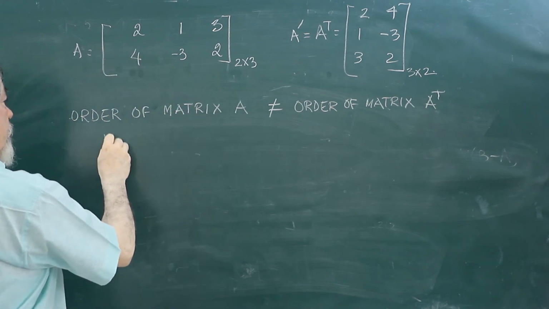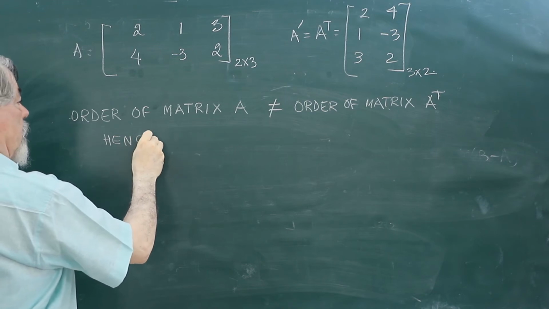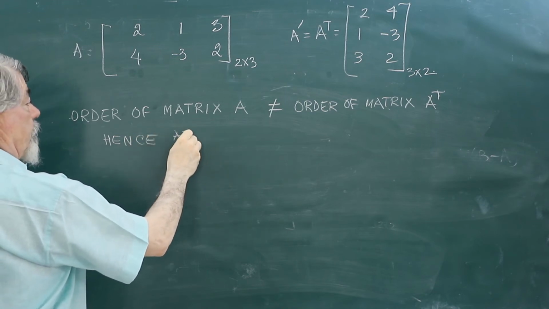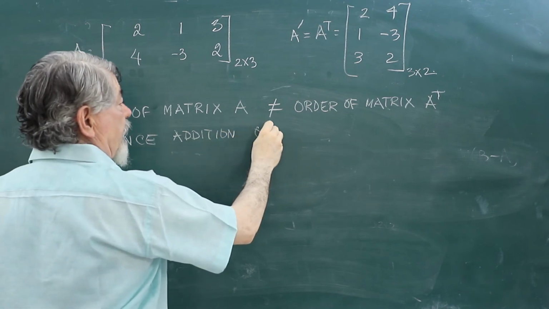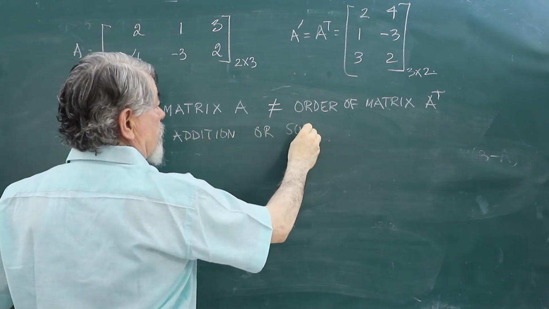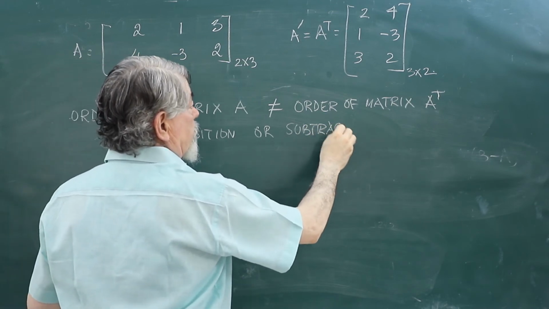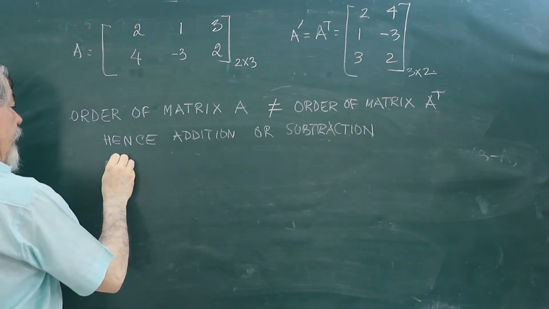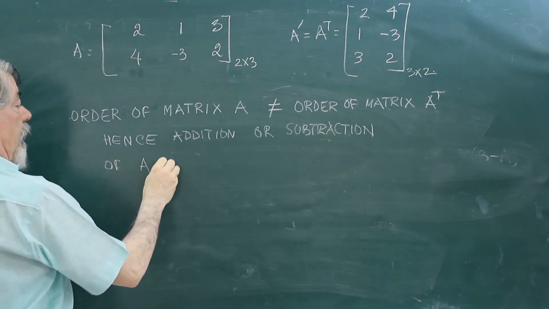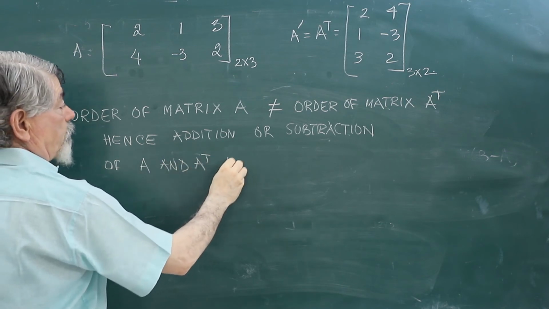Hence, addition or subtraction of A and A^T is not possible.